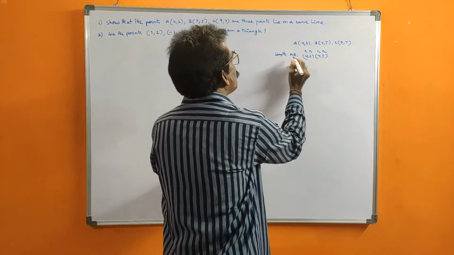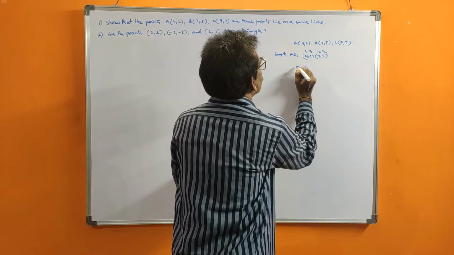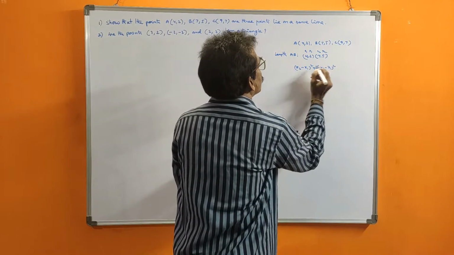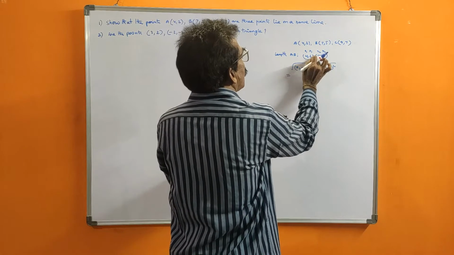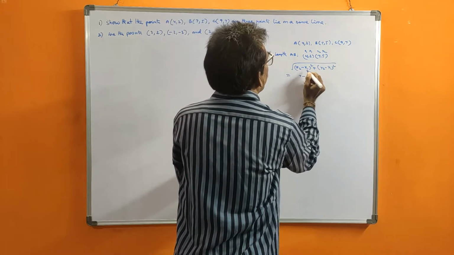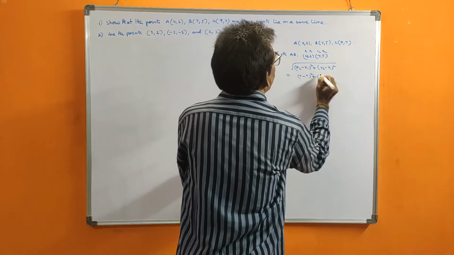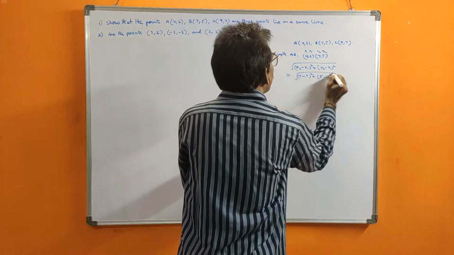Now the distance between 2 points, or length of the straight line, formula is the square root of (x2 minus x1) whole square plus (y2 minus y1) whole square, that we know. So substitute these values: x2 is 7 minus x1 is 4 whole square plus y2 is 5 minus y1 is 2 whole square, root of.